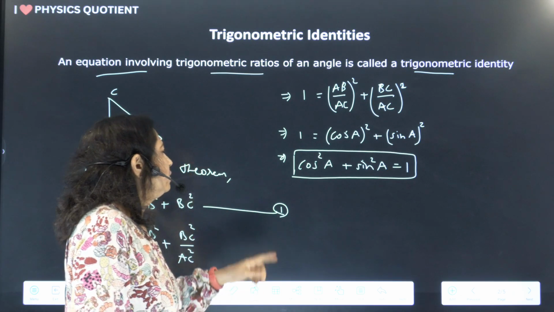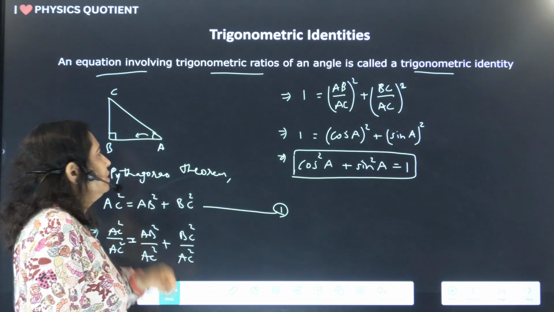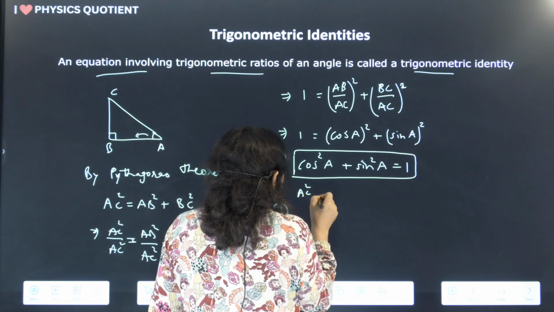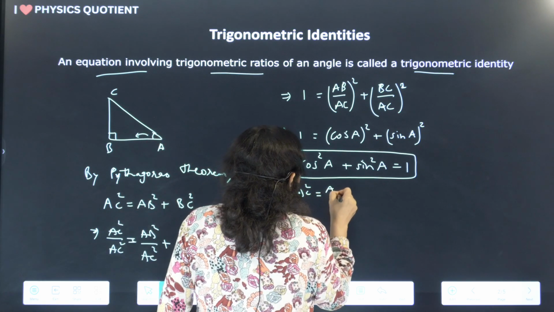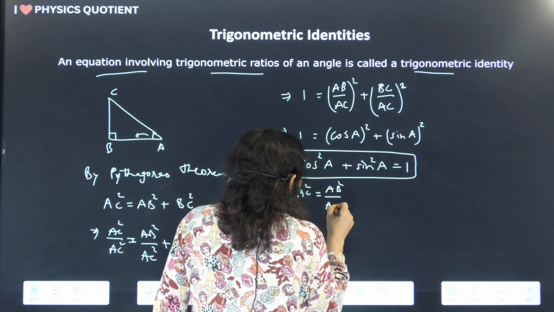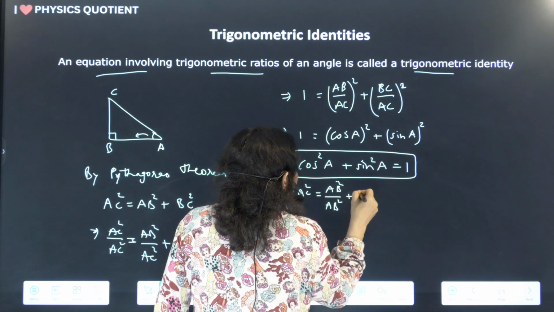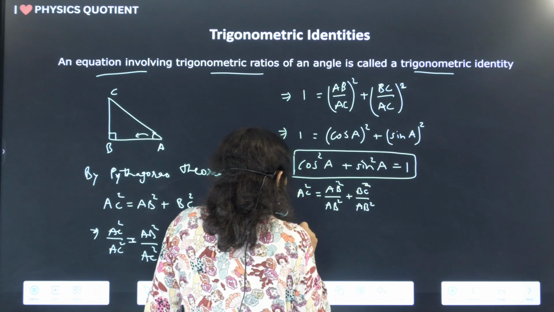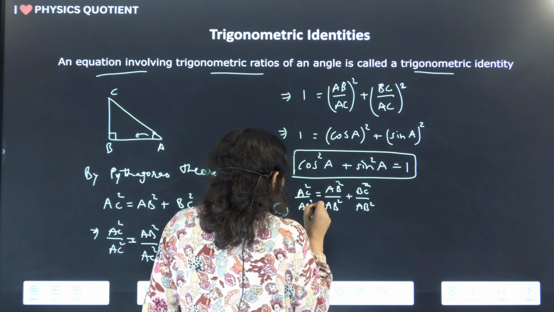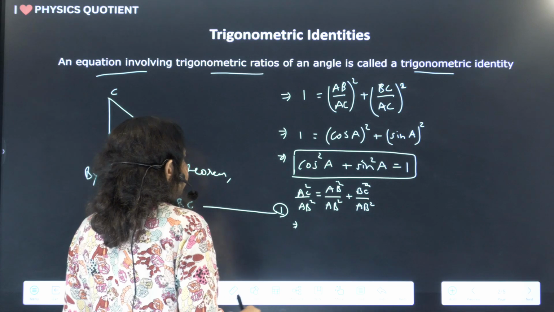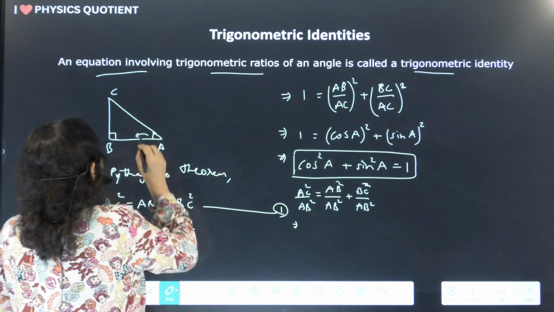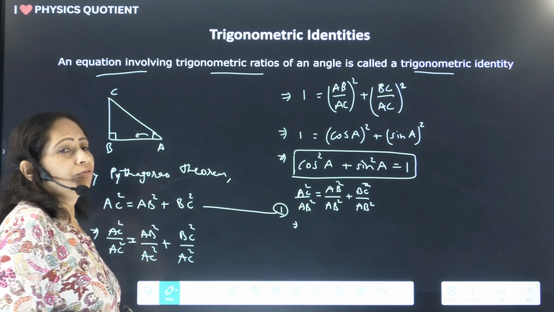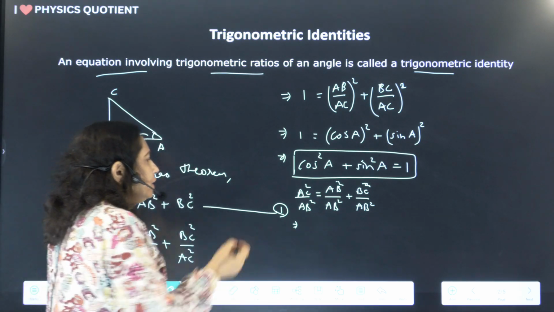Next, if I divide equation 1 by AB square, then what will happen? AC square upon AB square equal to AB square upon AB square plus BC square upon AB square. This implies, as we know, AC upon AB is reciprocal of cos, that means it is sec.